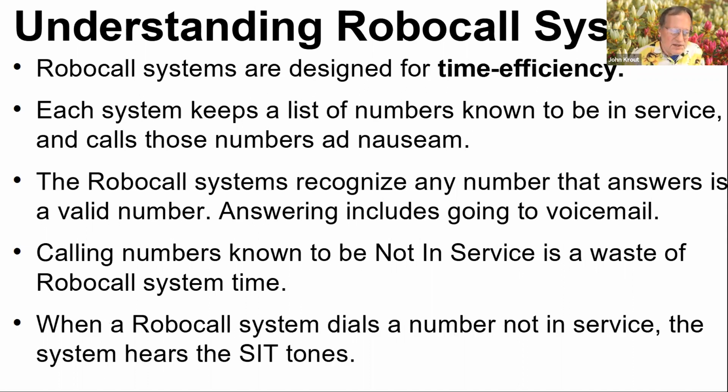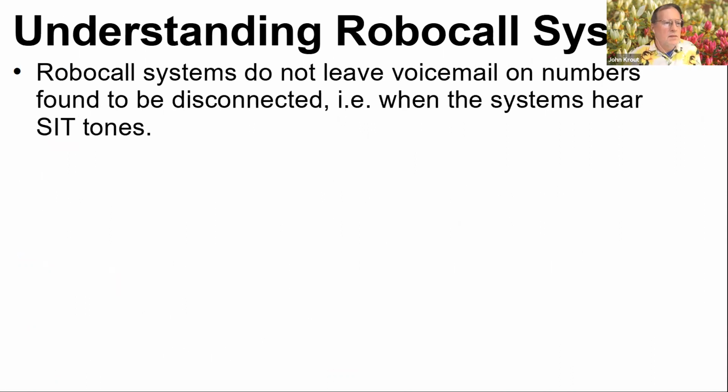And how do they recognize that? When a robocall system dials a number that is not in service, the robocall system hears the sit tones, the same thing we talked about last time when we talked about the telezapper device. Now, robocall systems do not leave voicemail on numbers found to be disconnected.